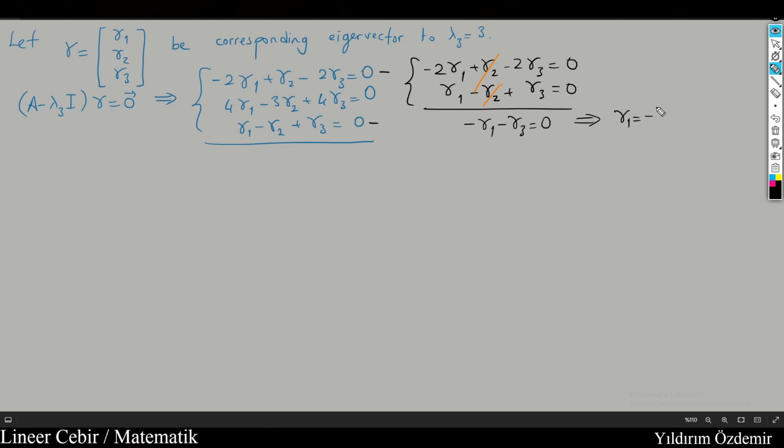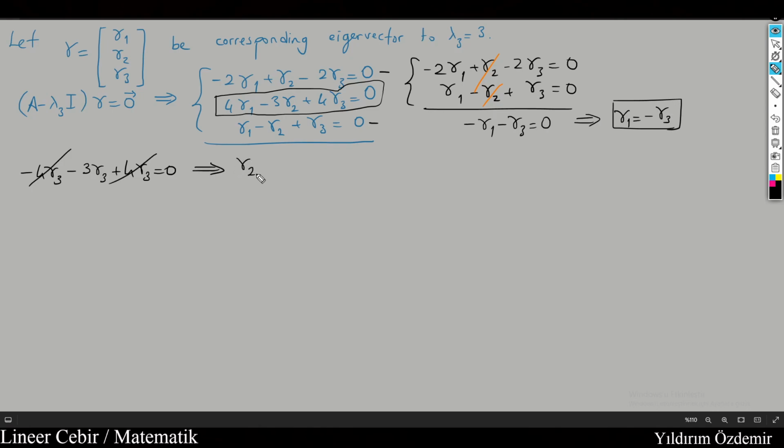So gamma 1 is equal to minus gamma 3. If we use this relation in the other, which is the second equation, this implies that minus 4 gamma 3 minus 3 gamma 2 plus 4 gamma 3, so they are cancelled. It implies that gamma 2 is equal to 0. Here I made a mistake, it should be gamma 2. So yes, gamma 2 is this one.